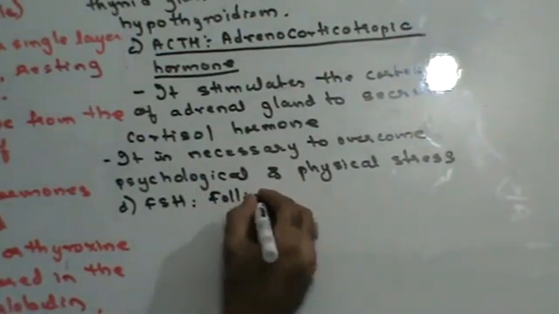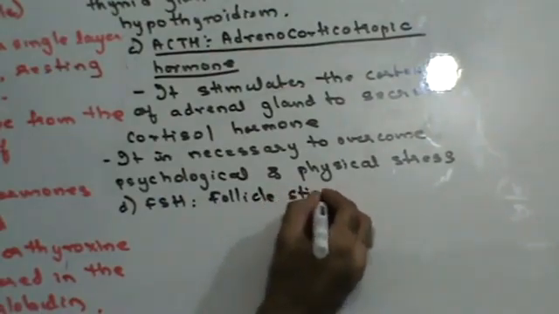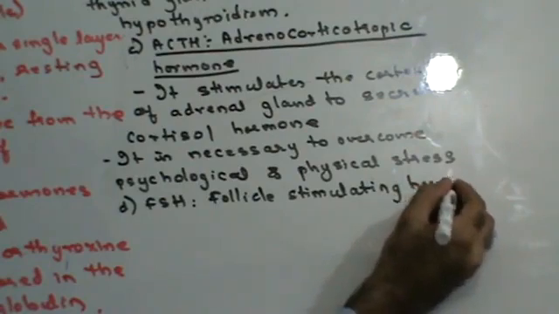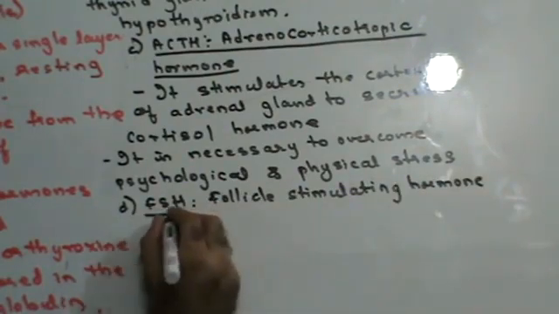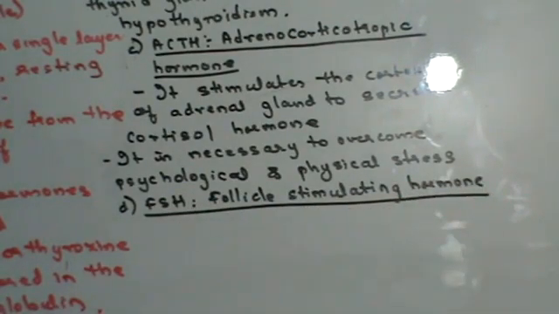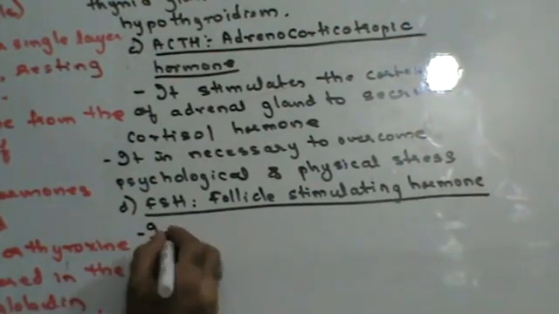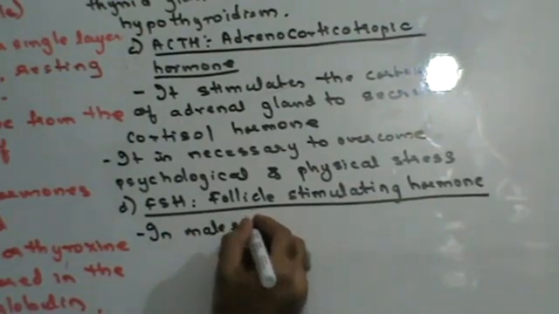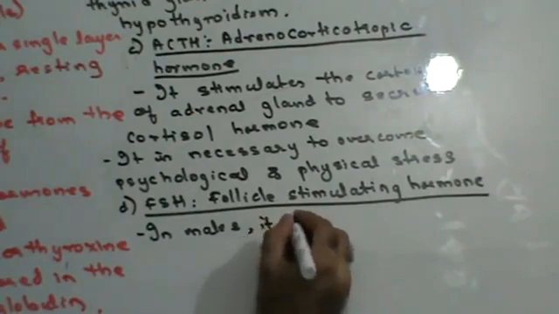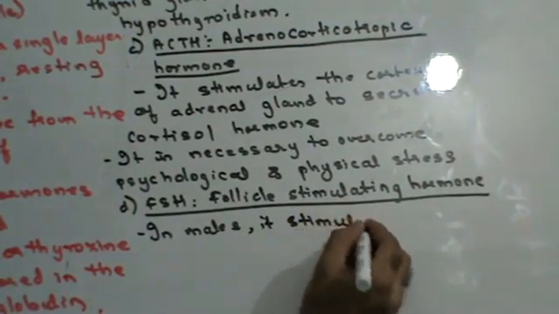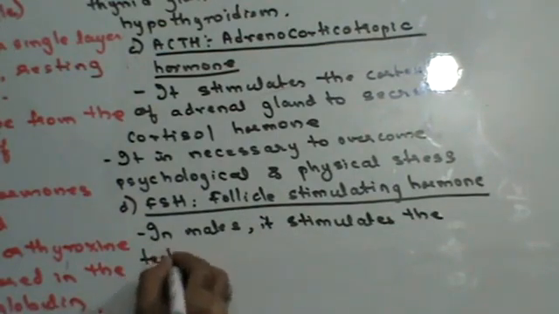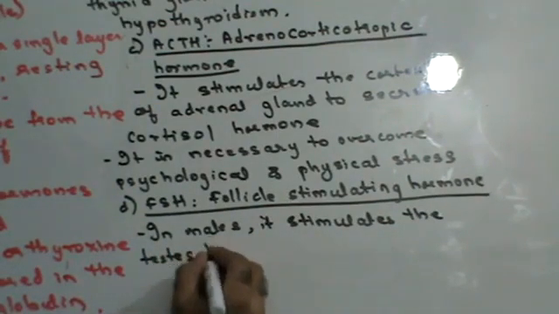Next, the fourth hormone that is secreted by anterior pituitary is FSH, which is also called follicle stimulating hormone. The follicle stimulating hormone, right? In males, it stimulates the testes to produce sperms.